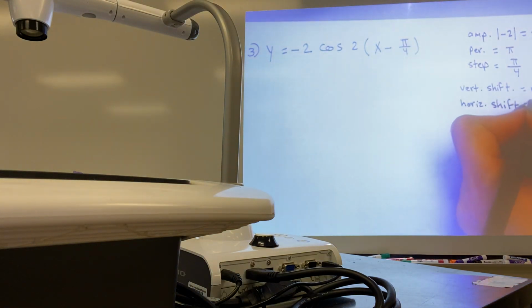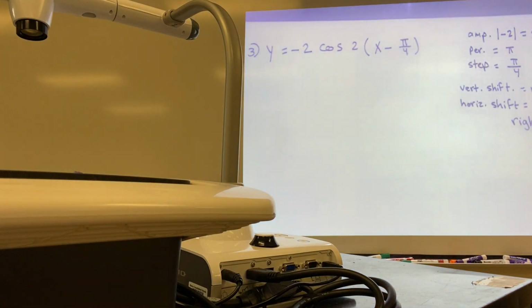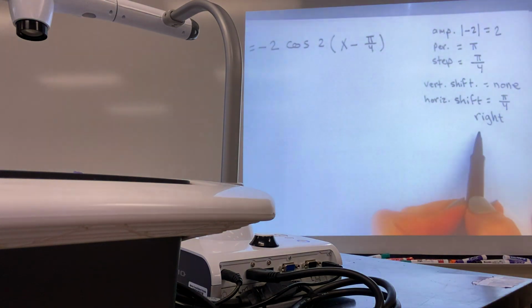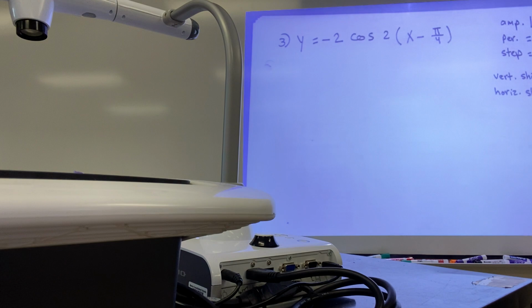So we say it's pi over 4 to the right. And we'll see how that will make the graph look like.